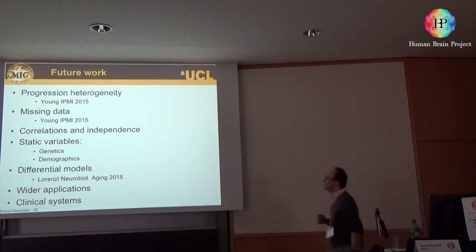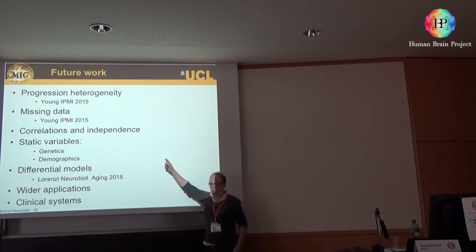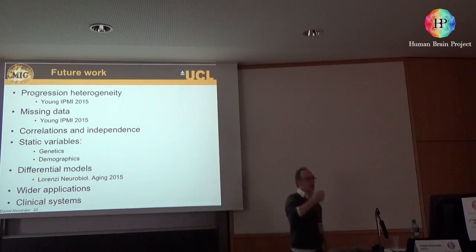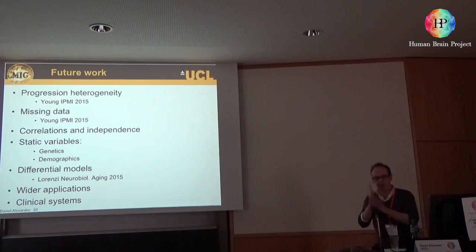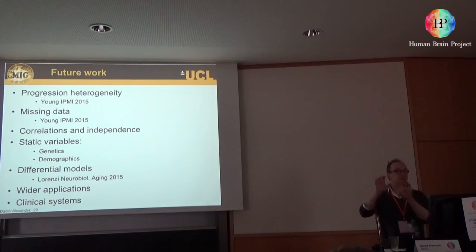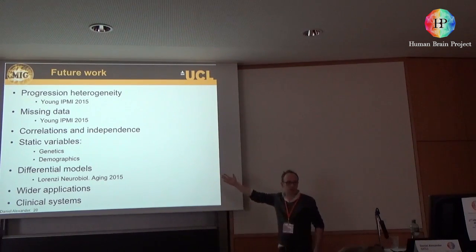Another big assumption that the models make is independence of the different biomarkers. This is not always true. So even at a fixed time point in the disease progression, for example, the volumes of the hippocampus and the neighbouring entorhinal cortex are very likely to be highly correlated. Our model assumes they're not.